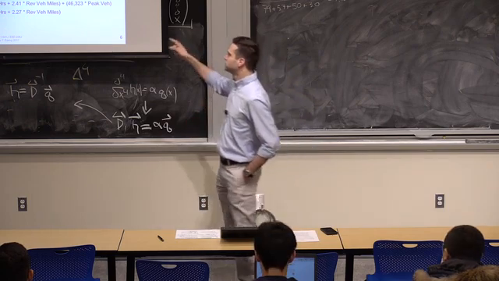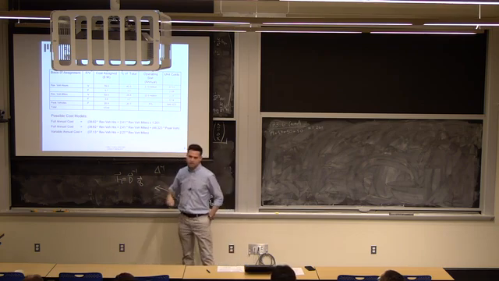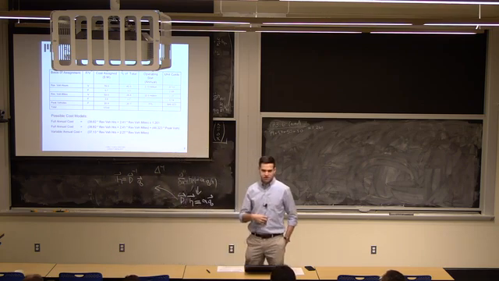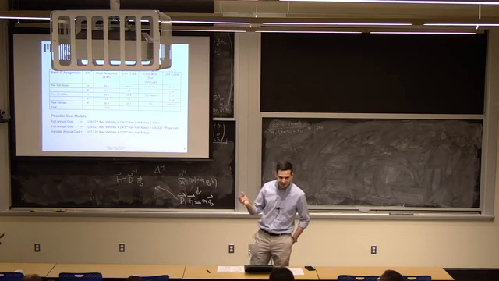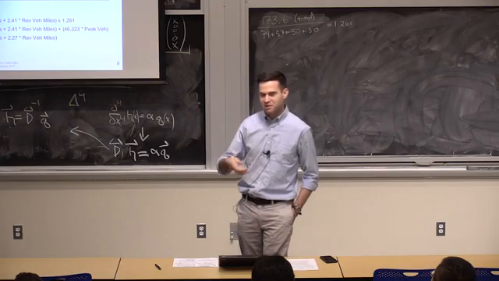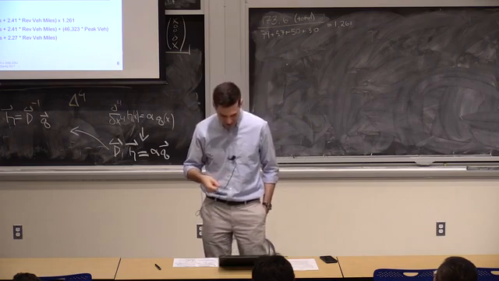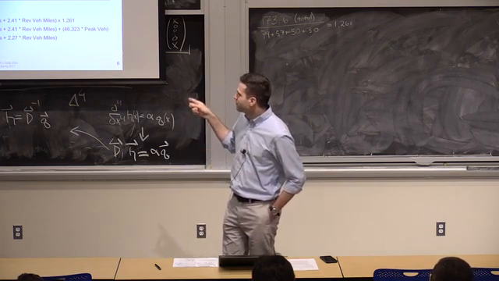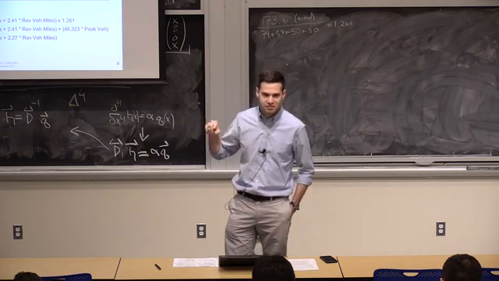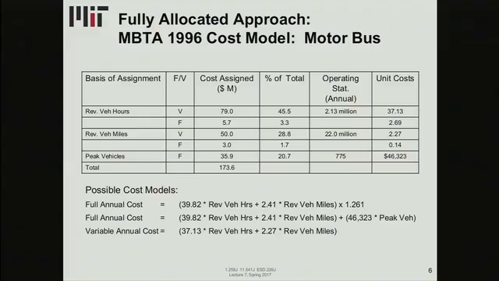So if you were to use the variable annual cost model for the bus routes 70 and 70A, and now you want to expand it to go to Kendall or Lechmere or somewhere else, and you have a greater number of revenue vehicle hours and revenue vehicle miles, if you expand service proportionally throughout the peak and off-peak, you're fine. But if you only expand service in the peak or do it disproportionately between peak and off-peak, then this model will not capture those differences very well.